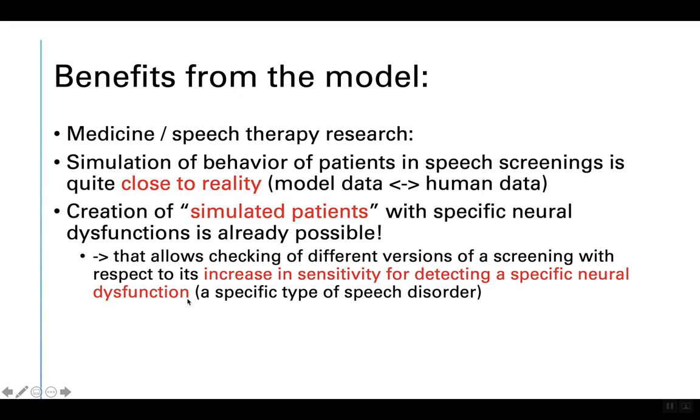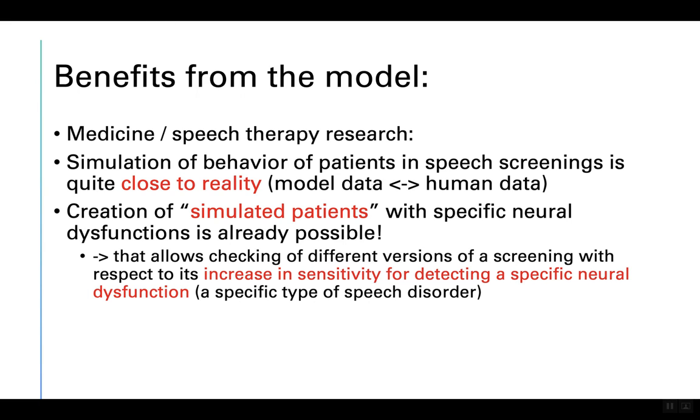And we can vary screenings and look at whether different versions of a screening lead to an increase in sensitivity for detecting a specific neural dysfunction, especially the one introduced in the group of patients checked here in the simulations. And that is a real benefit we could have from models.